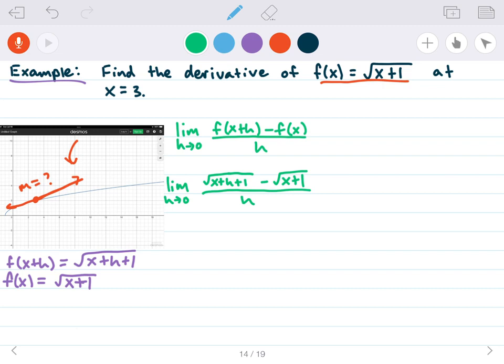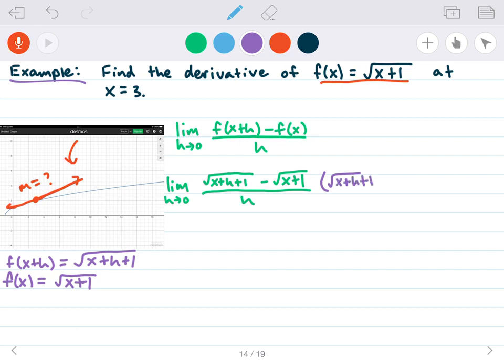So the strategy that you can use when you have radicals is multiplying by the conjugate. So remember, multiplying by the conjugate means we're basically going to be multiplying by the numerator, except we're changing the sign. So instead of a negative, we're going to be multiplying by the numerator with a positive. Okay, so remember I have to multiply top and bottom by the same thing.